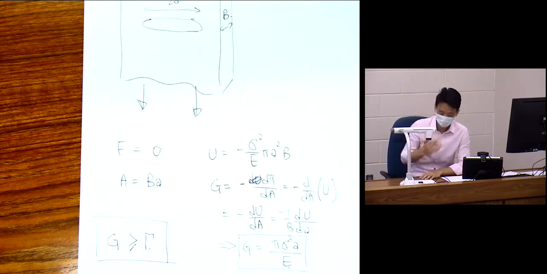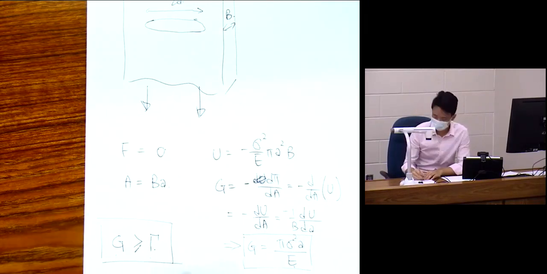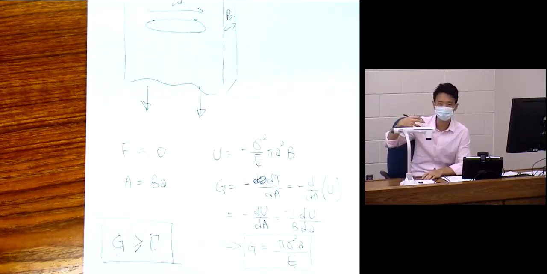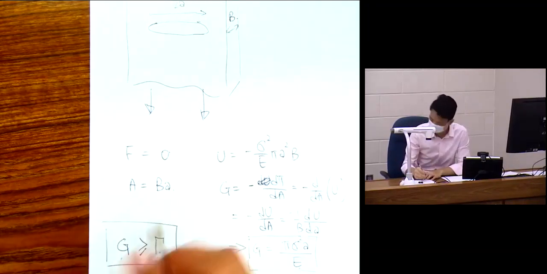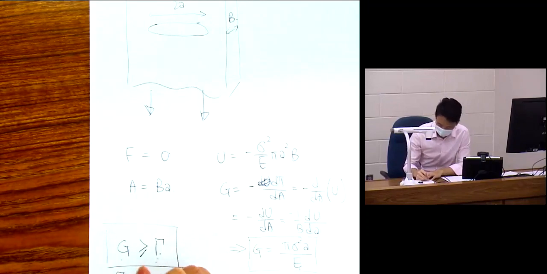It has the name critical energy release rate, which means that the energy release rate applied to the material reaches the critical value of the material. So sometimes we call it the critical energy release rate.